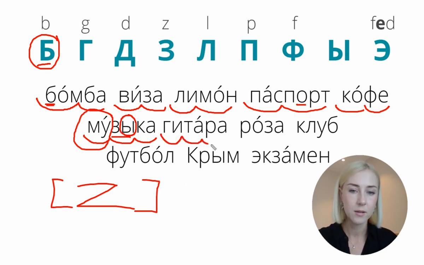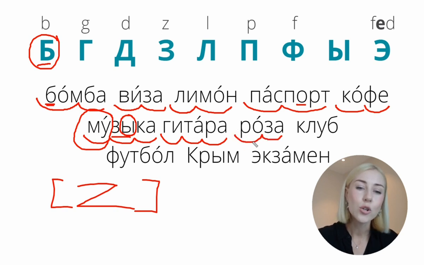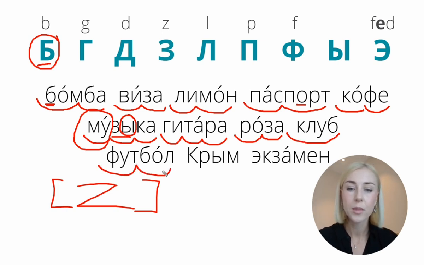Okay, this word. Гитара, гитара. Хорошо. Роза, роза. Well done. Here we have only one syllable. Клуб, клуб. Okay. Football, football.